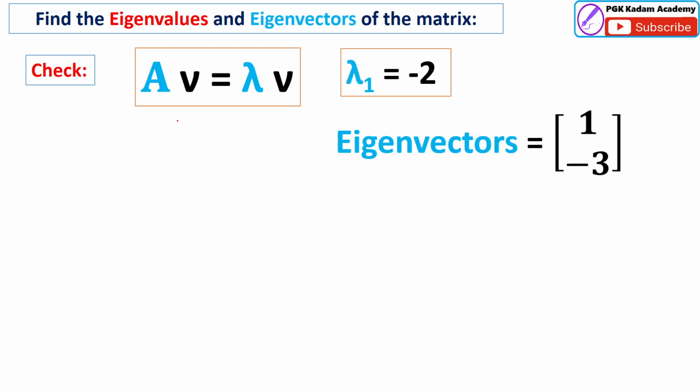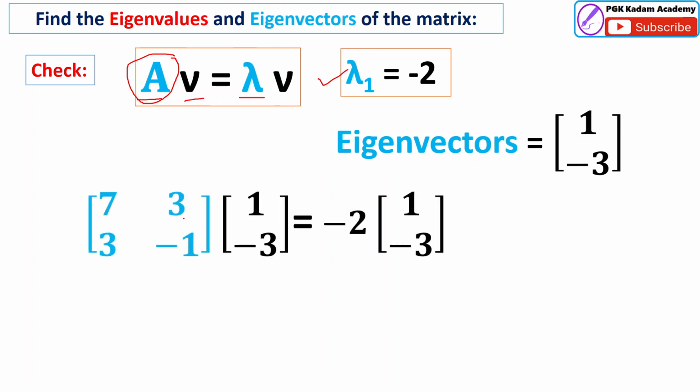For checking whether this answer is correct or not: Av equals lambda times v. V is the eigenvector, A is the original matrix for which we are finding the eigenvalues and eigenvectors, and lambda is the eigenvalue.